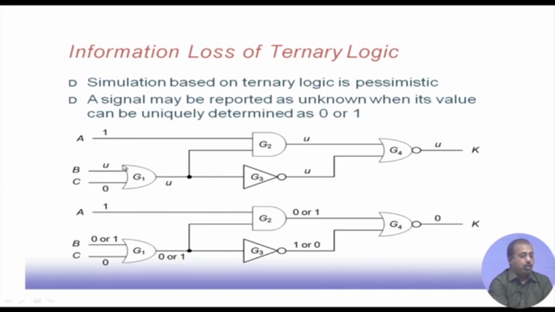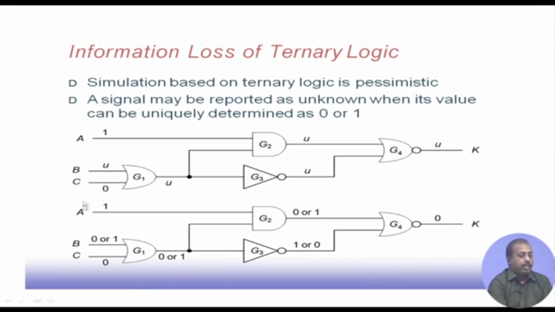As a result, by the OR logic, since this is unknown, I have to make it unknown, and in this AND gate one input is 1, another is unknown, so this is also unknown. Since this is an inverter and its input is unknown, the output is also unknown, and this NOR gate is also unknown. So, if we follow a pure ternary logic based simulation of this circuit, this is the situation, that many of the points remain unknown.